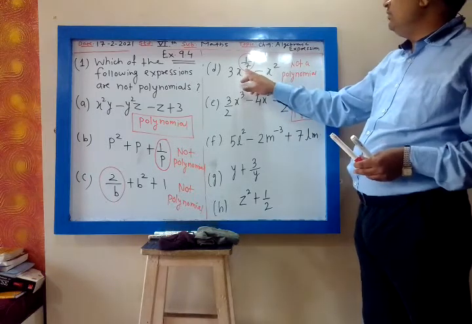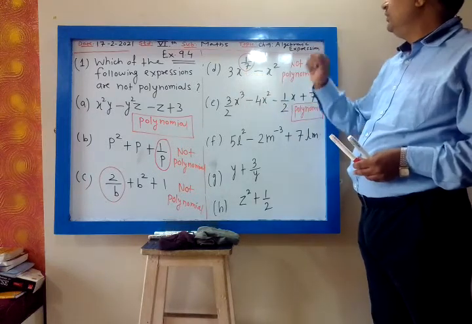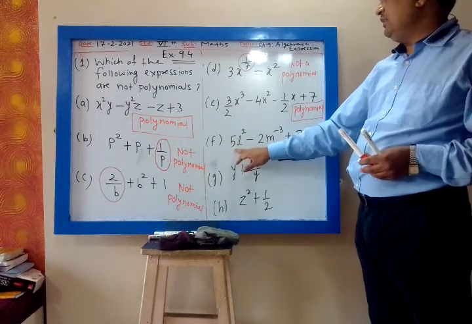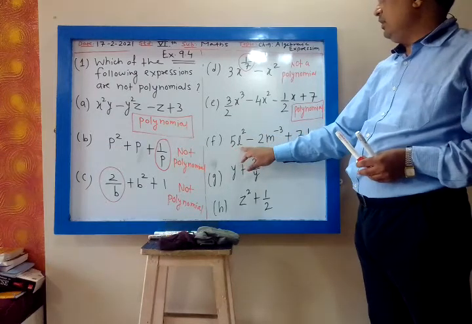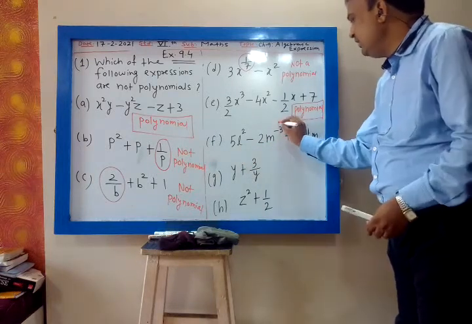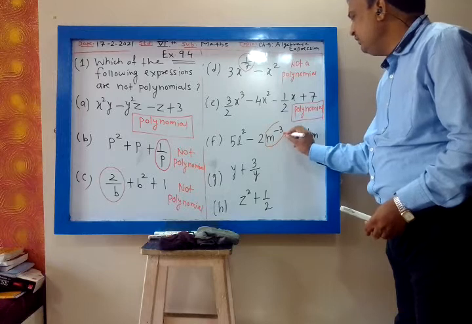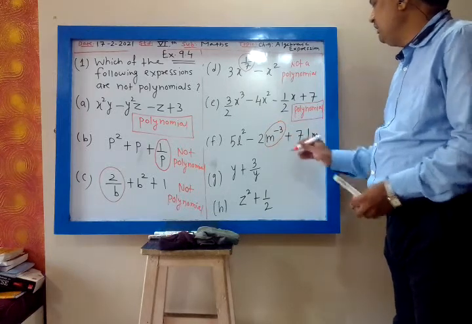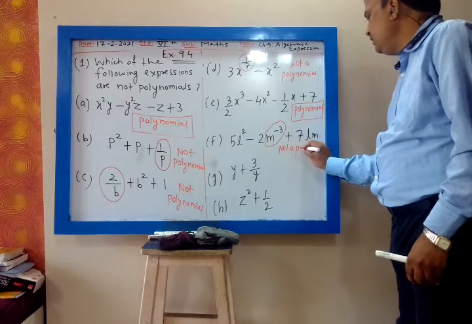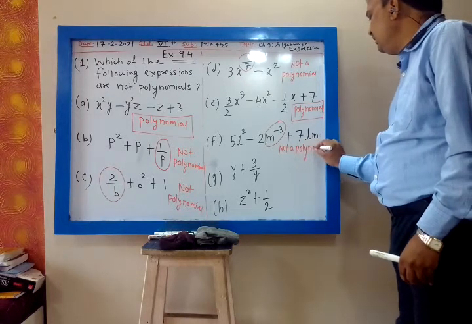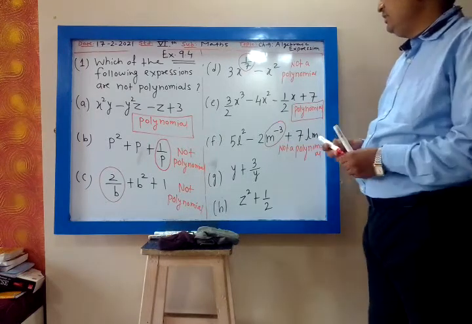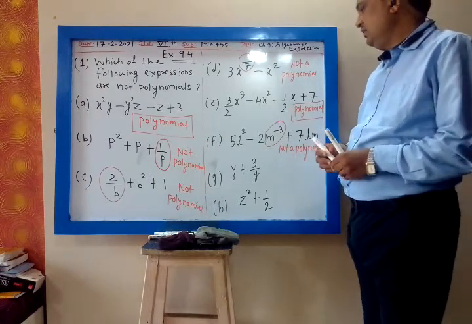So the power is a fraction, 1 upon 7. Next, f is not a polynomial because the power is negative. The power of m is negative, so it is not a polynomial. What about next?